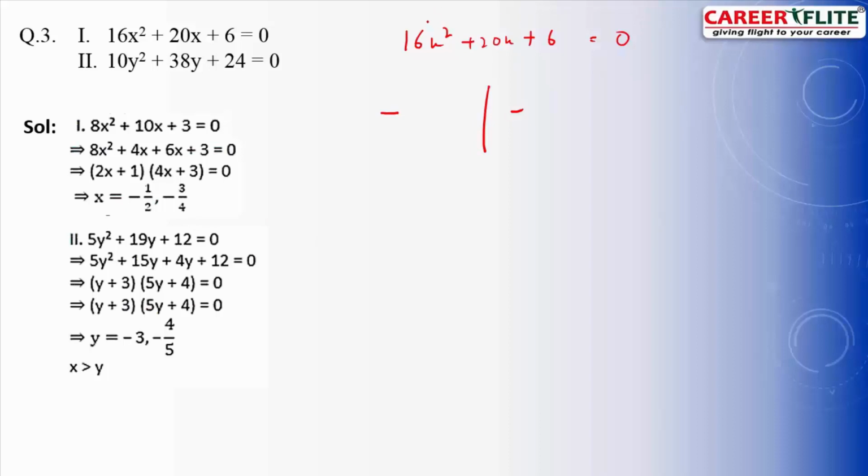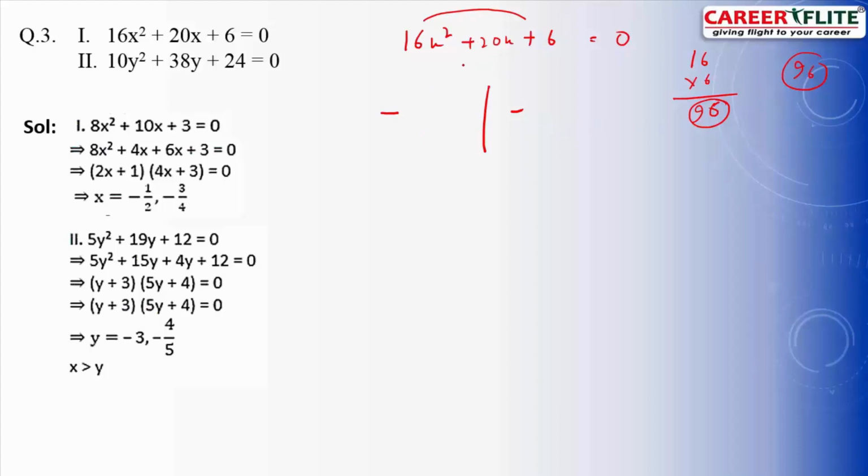Now you must multiply the coefficient of x square and the value of c. This is ax square plus bx plus c, and these values you must initially multiply. That is 16 into 6. We will get 96. So you must divide 96 in such a way that the multiplication of the two roots gives 96 and the addition or subtraction gives 20.